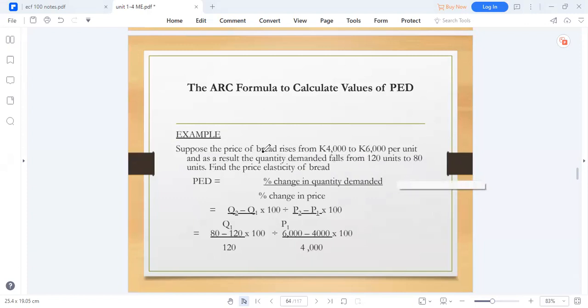Suppose the price of bread rises from 4,000 to 6,000, causing the quantity demanded to reduce from 120 to 80. What is our elasticity of demand? So in this event, we're told that the price was initially what? 4,000. So P1 is 4,000 and P2 is 6,000, causing a decrease from Q1, which was how much? 120 to 80.